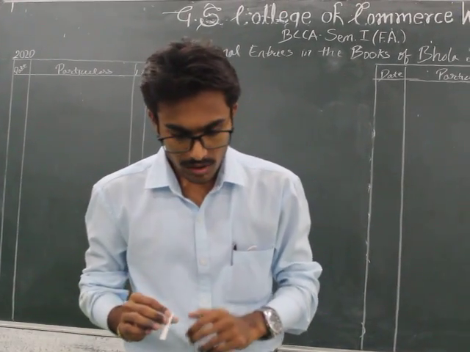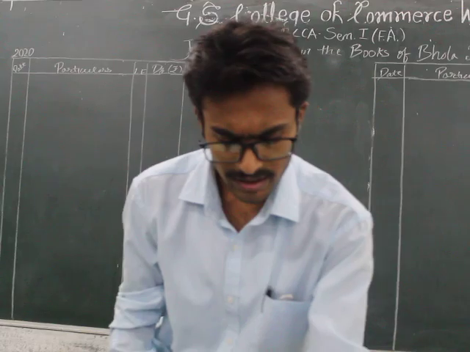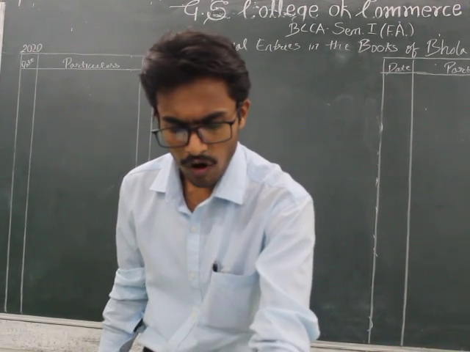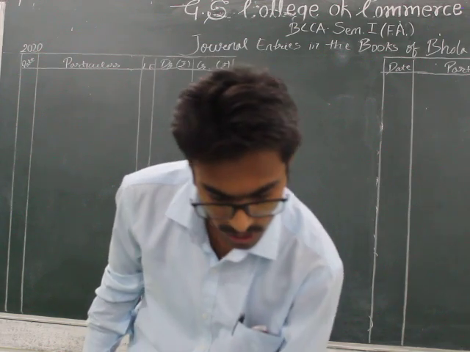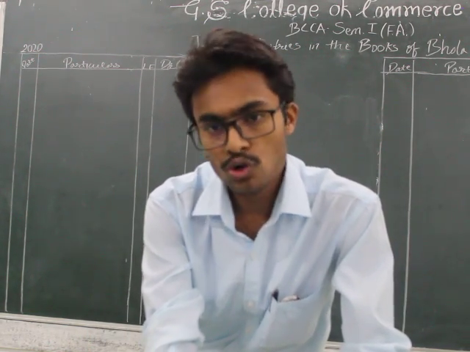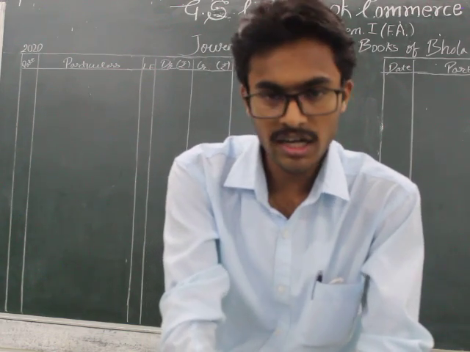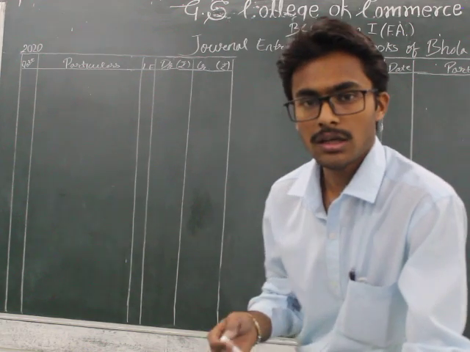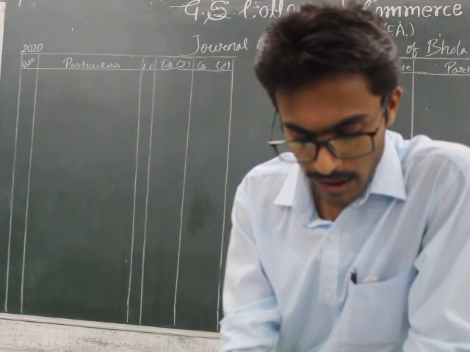In the previous lecture we saw that the last transaction was an old typewriter that was stolen by someone, and we made journal entries for the loss of the old typewriter.